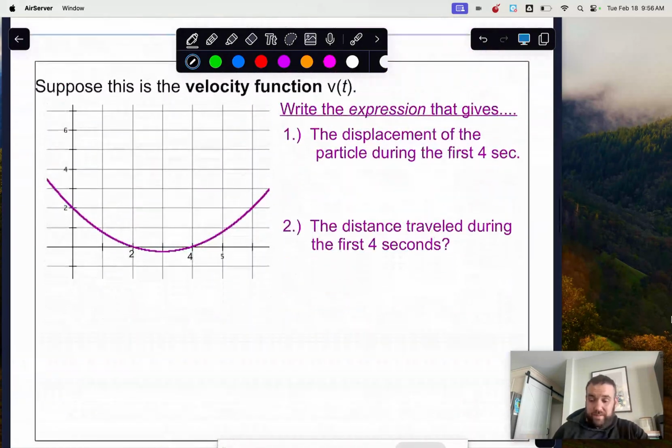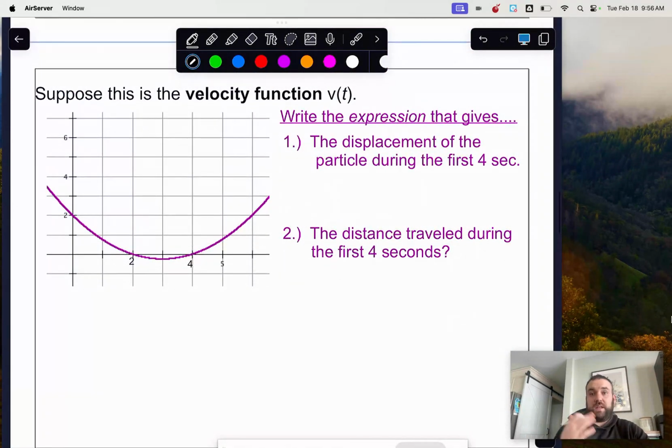If I am given the velocity function, okay, so this is the velocity function for the previous graph, to find the displacement of the particle during the first 4 seconds. If I want to find how far this thing has traveled in total in the first 4 seconds, or the difference between its position at the beginning and at the end, we can simply find the integral, or the area under the curve, from 0 to 4 of the velocity function.